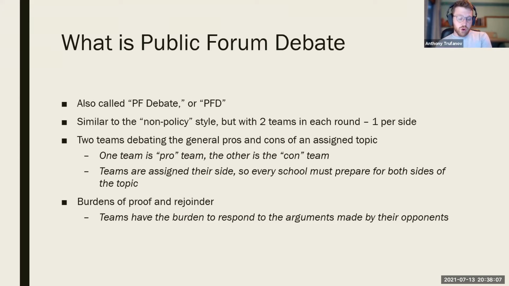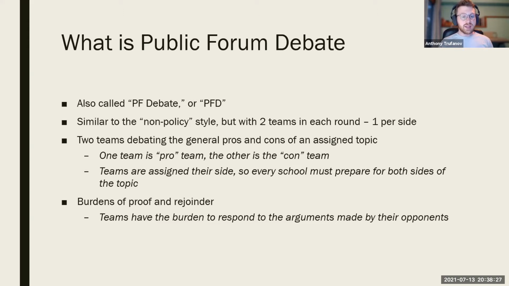The burden of proof is similar to English debates, which you have been doing. The burden of proof says that in order for an argument to be considered valid, the team that introduces it has to provide some reasoning or some proof behind why the argument is true.